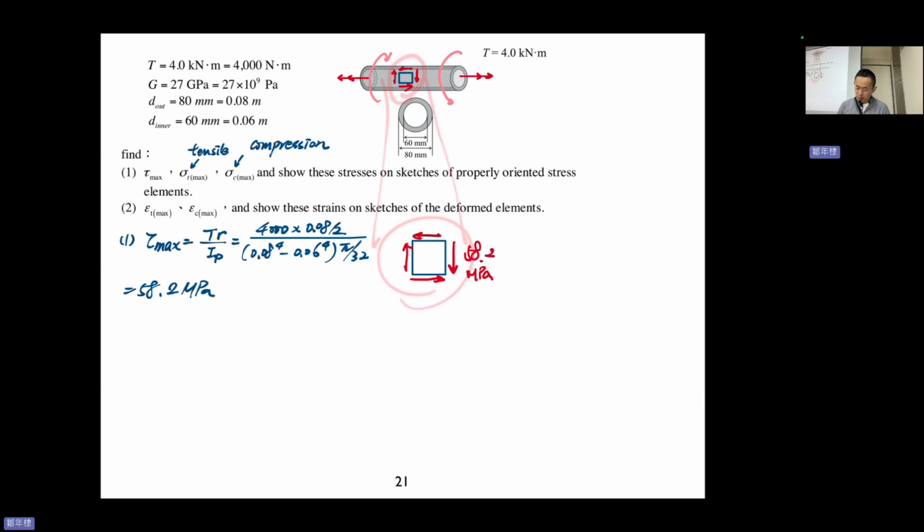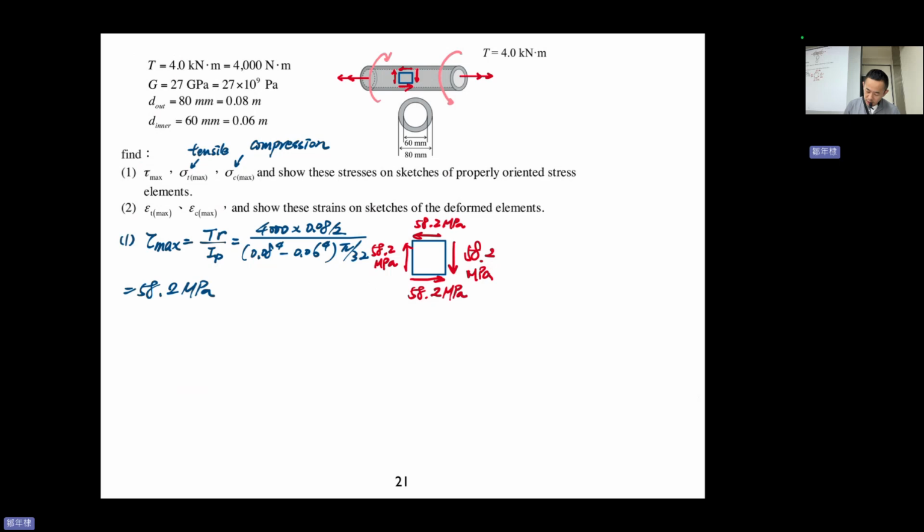And every face is 58.2 MPa. So that's the maximum shear stress occurring in this bar, at these four orientations: 0, 90, 180, 270 degrees.